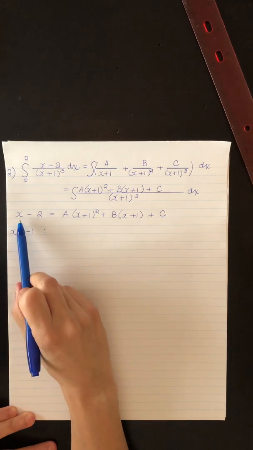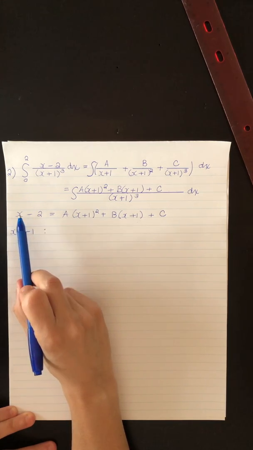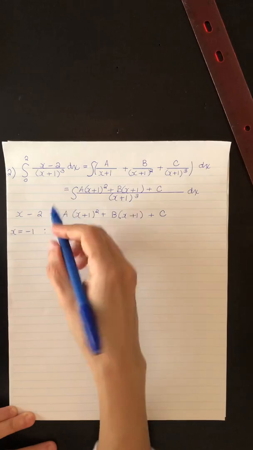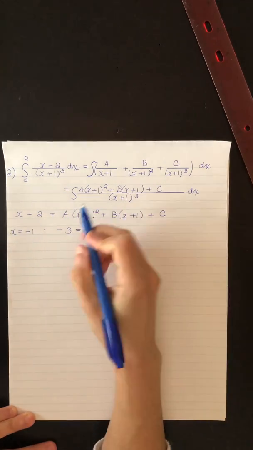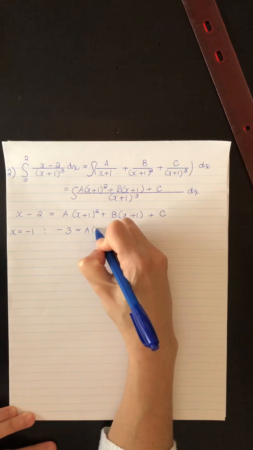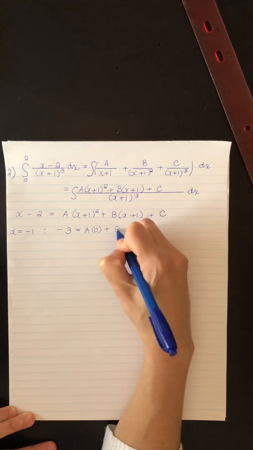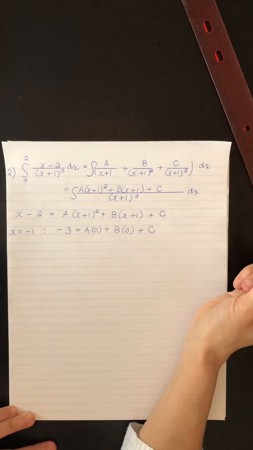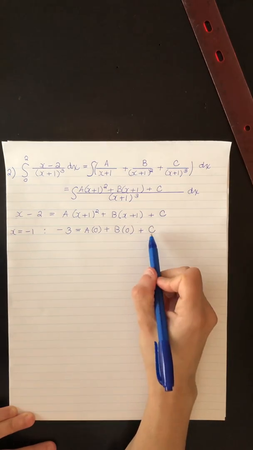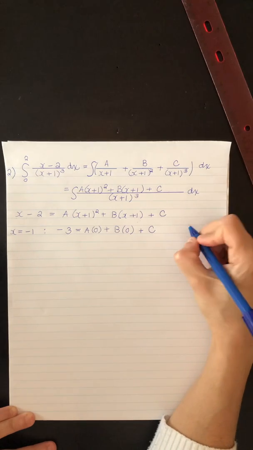If we substitute -1 on the left, we'll have -1 subtract 2, which is -3. On the right, we will have A times 0 plus B times 0 plus C. So from this, we find that C is -3.